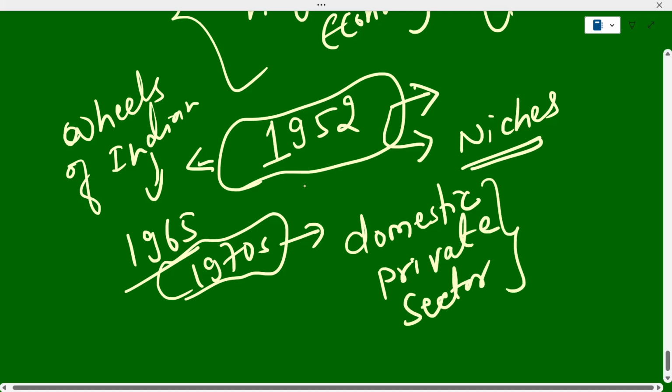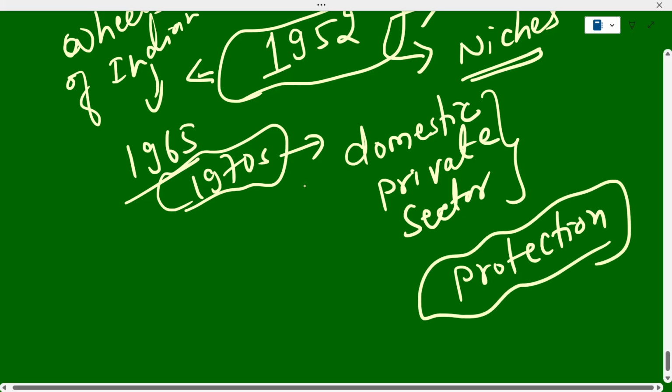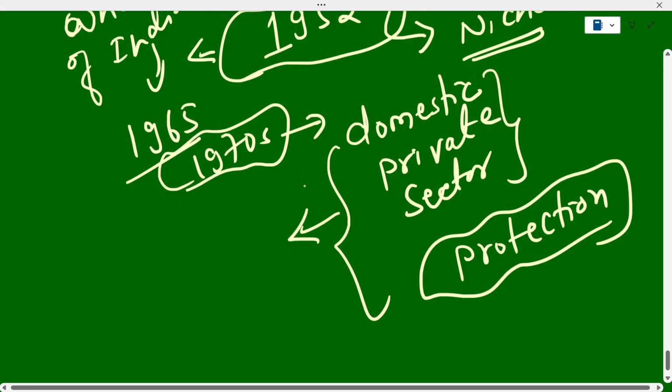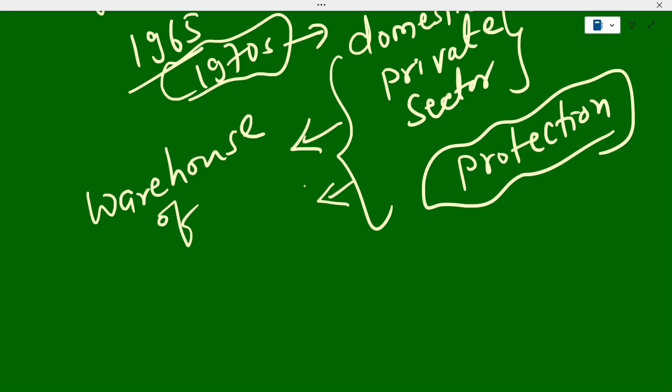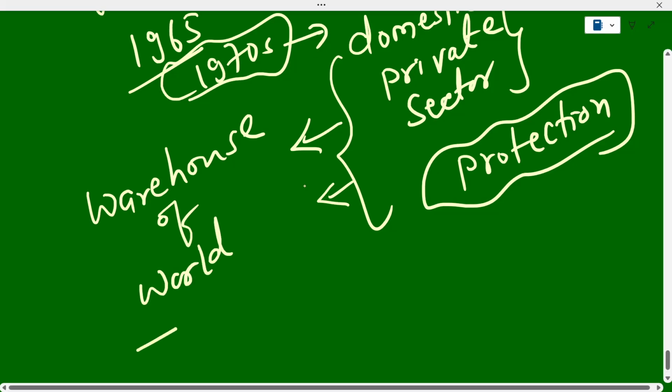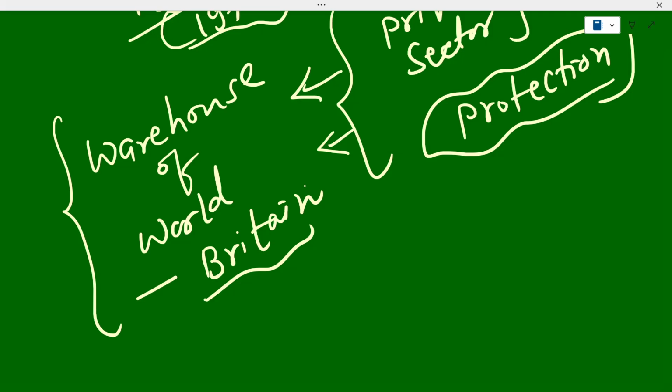It needed protection. Why did it need protection? Because even though Indian industry was still developing, the world's manufacturing units, especially the warehouse of the world, which was what Britain was called at the time, the British or the European industry were producing goods of high quality at cheaper rates, and that also en masse, in large quantities.